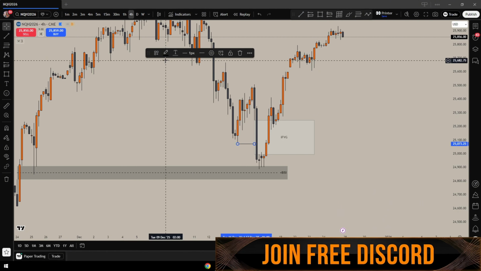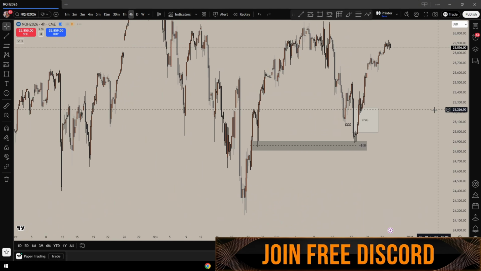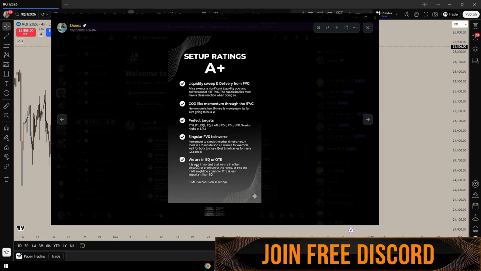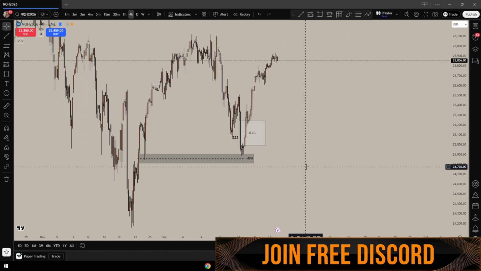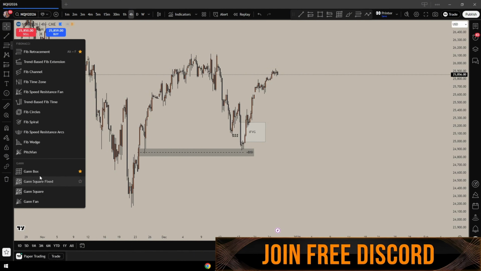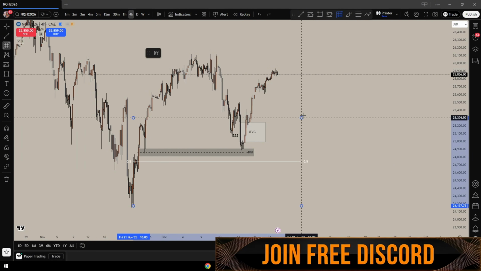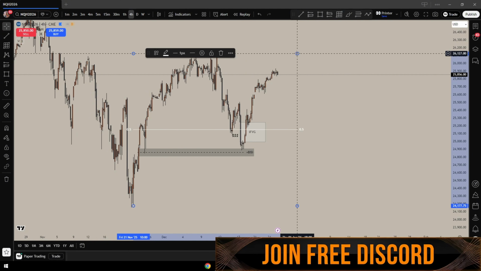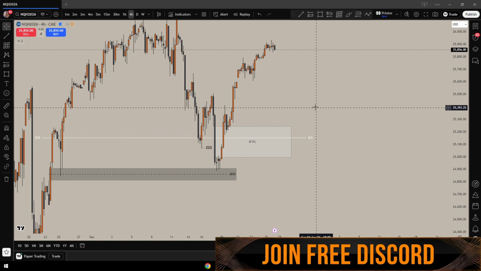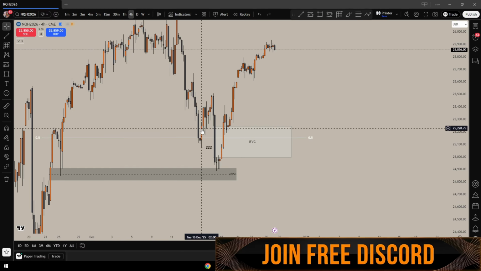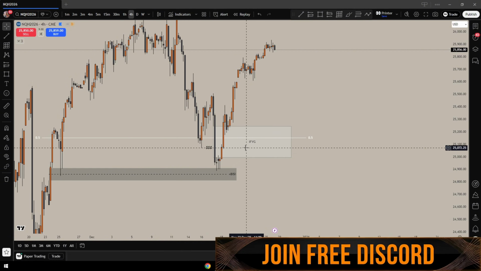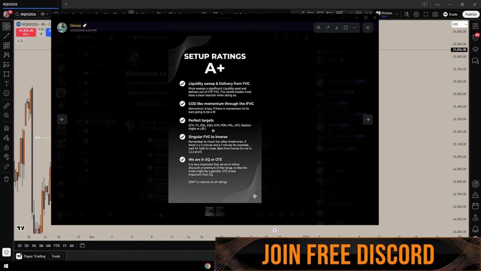Right here. Bang. And are we in EQ of the range? Let's check. Absolutely. What makes an A+ setup is that we only need one fair value gap to inverse, and in this case we do only have one. So yes, that's checked as well.